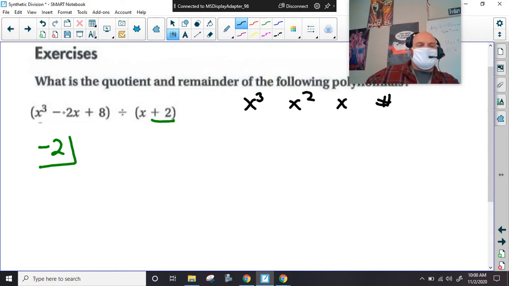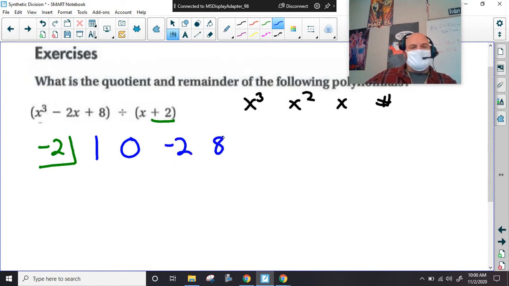Well, we don't have a square term right here. So when we're writing our numbers right here, there's a 1 for this one, but there's not an x² term. So we have to write 0, -2, and then 8.